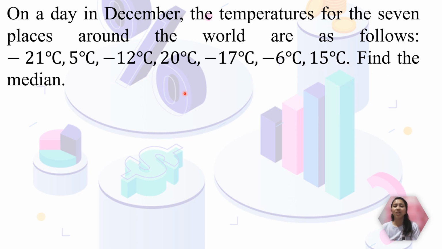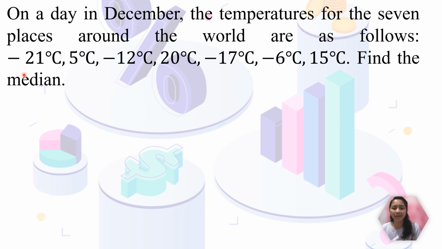Find the median. So, para mahanap natin yung median, we again arrange it into, yes, ascending order. For today, I'm gonna show you na parehas lamang naman talaga kung gagamitin natin ang ascending or descending. But, looking at the given set of data, ano ba yung number na pinakamababa natin?